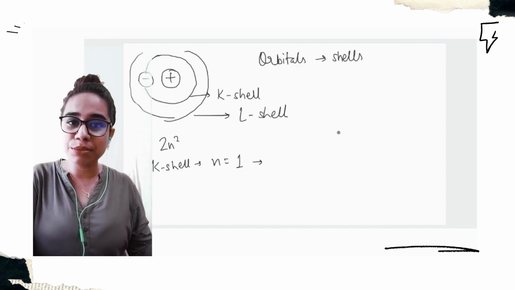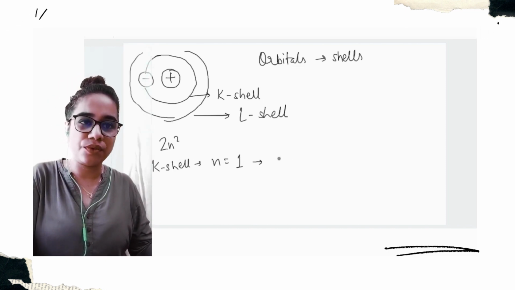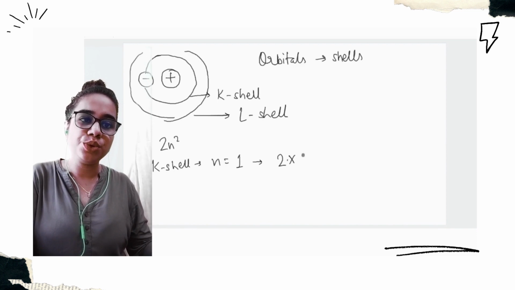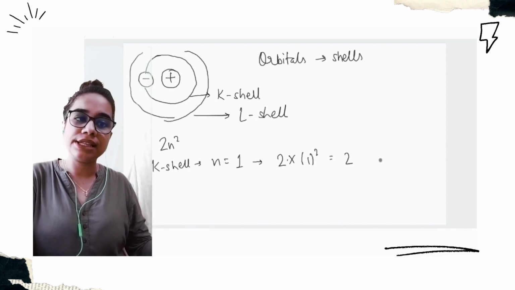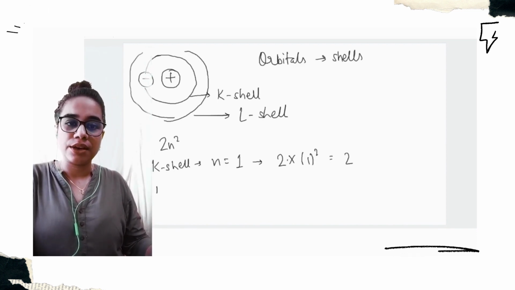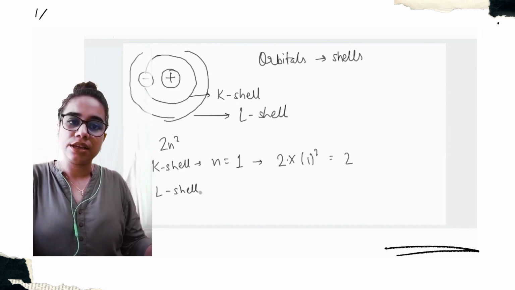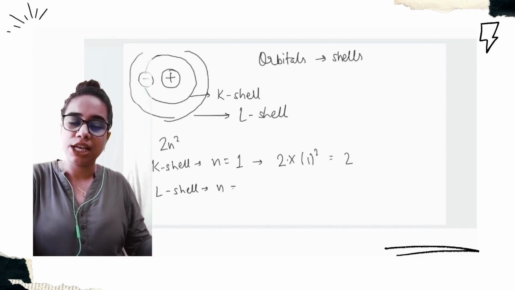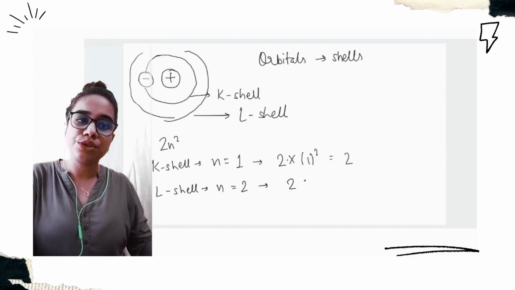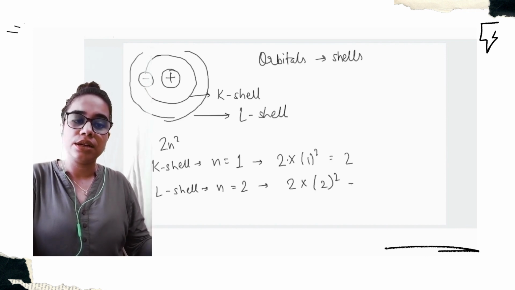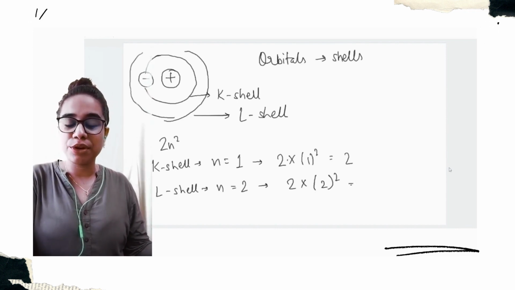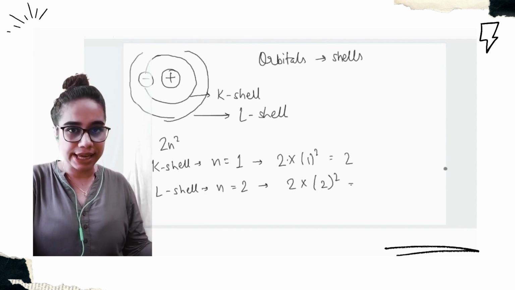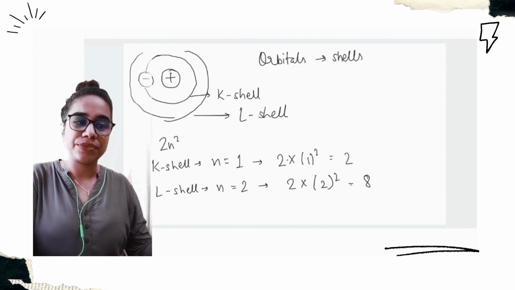So the maximum number of electrons that can fit over here is 2 into 1 square, that is 2. For L shell, this is the second shell, so n equals to 2. So over here, the maximum number of electrons that can fit in this L shell is 8.